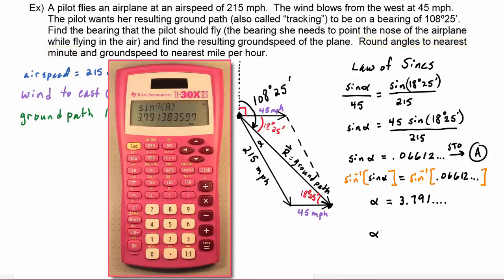So we know that alpha is going to equal 3 whole degrees, and we will need to multiply the decimal part here by 60.